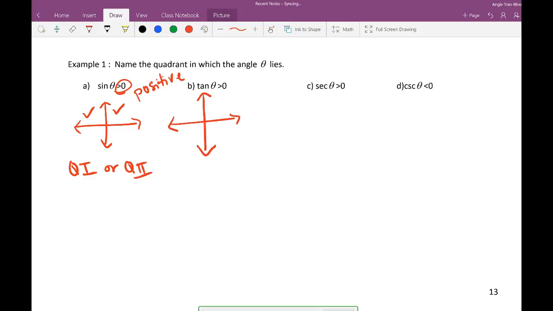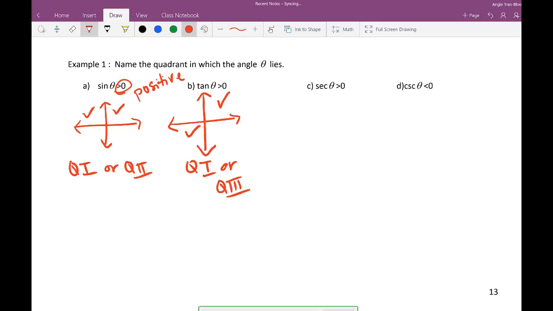Yeah, for sure. Everything's positive in what quad, by the way? 1. So we at least know this piece. Why 3? Right, negative over negative results in a positive. So the answer to this one is quad 1 and quad 3.